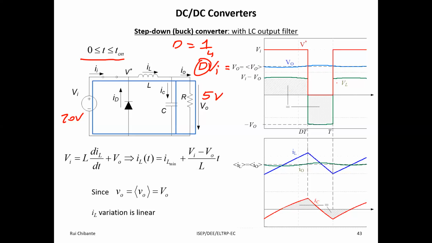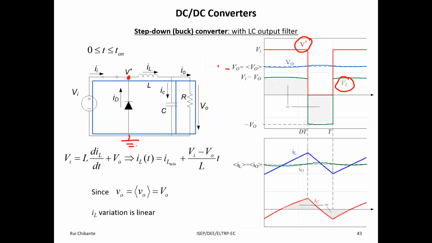So output voltage is constant. What do we have more? Inductor voltage, VL, is the voltage across the inductor. And we also have here as an auxiliary variable this voltage V asterisk, this voltage here, this node, assuming that the ground is down here.